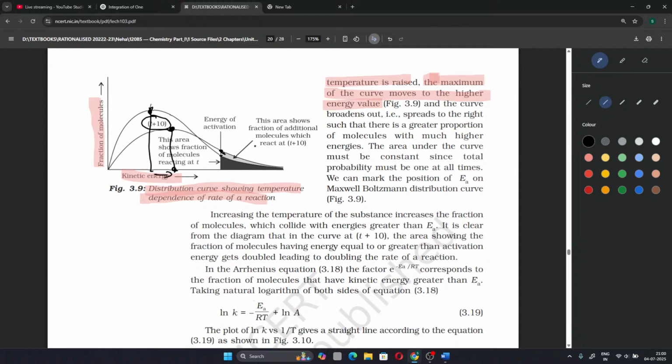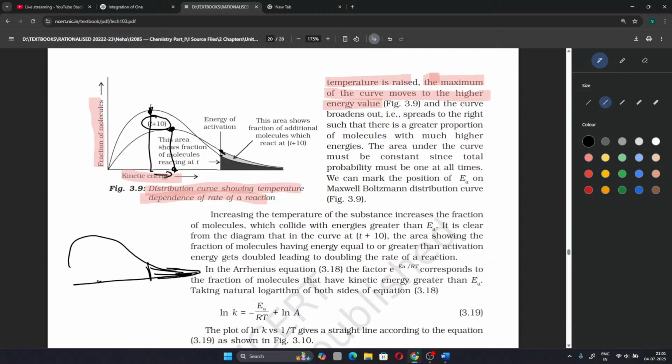As we increase the temperature, this area shows the number of molecules reacting to give a product. In the first case, when there is only one graph, this is the amount of molecules reacting.